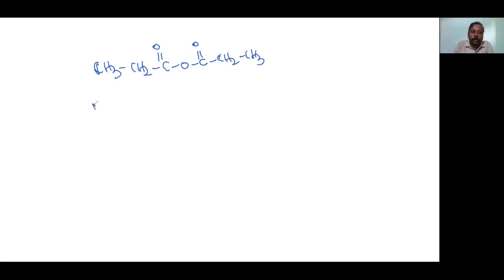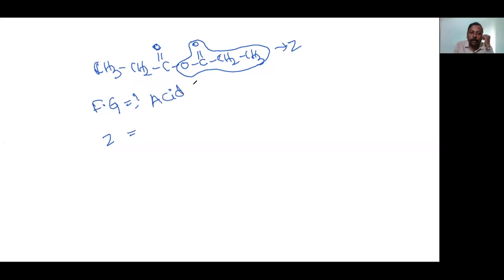Two questions are there. As per our representation, the functional group name is acid anhydride.